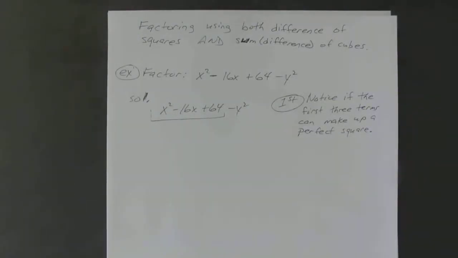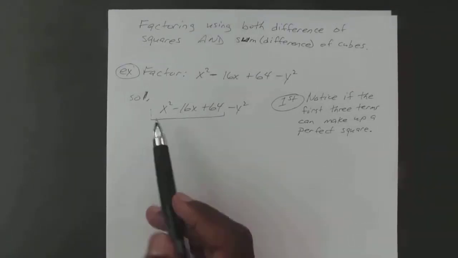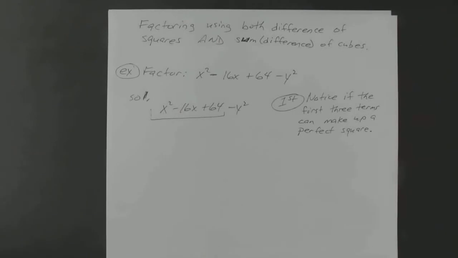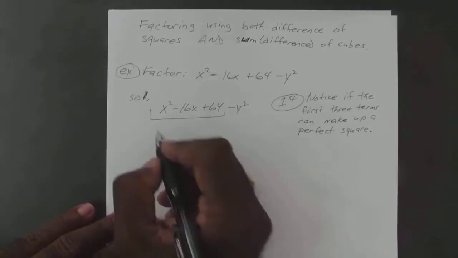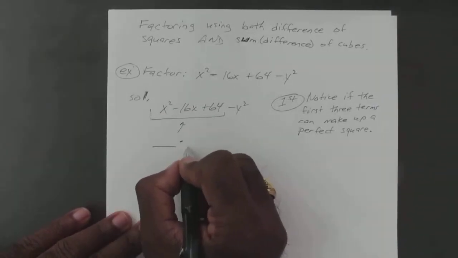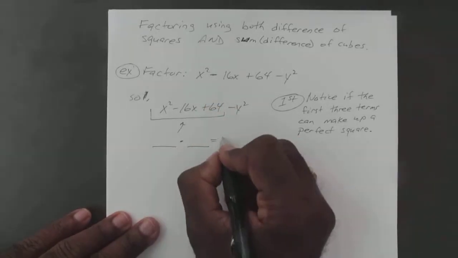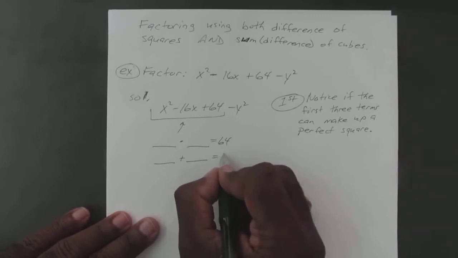Okay. Now with this one, you can use the perfect square formula if you want to, or you can notice there's nothing in front of the x squared, and you can use the 2 numbers that multiply to equal c, and the same 2 numbers add to equal b. Okay. So here, you notice 2 numbers that multiply to equal 64, and those same 2 numbers add to equal negative 16.